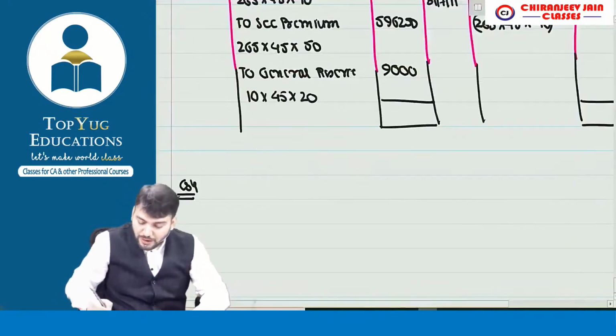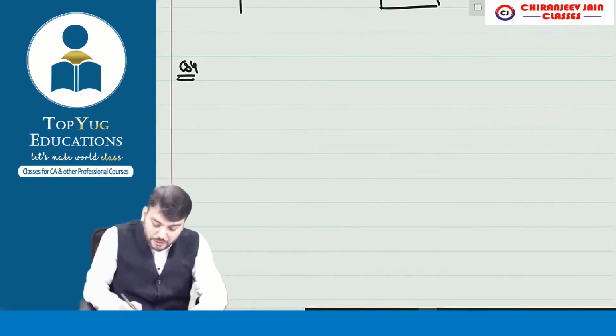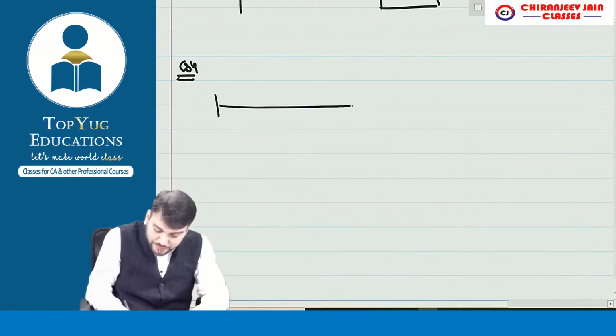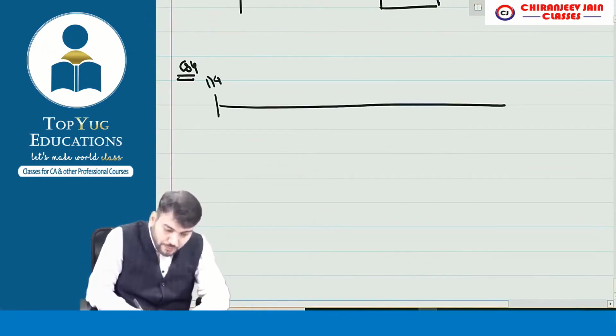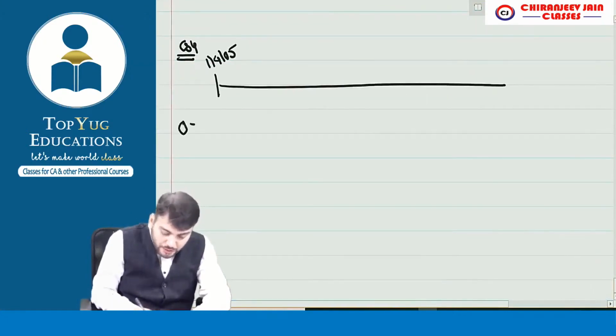We will do only the recognition of expense. Let us check. Everyone, on 1/4/2005 the options were announced. Options to how many employees? 1000. Options per employee 100.